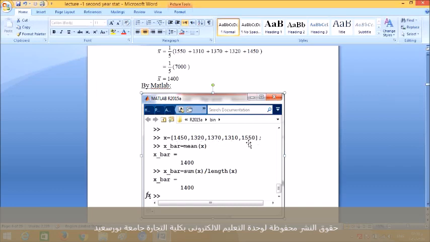Okay, as we said before, then x bar. You cannot write here x and bar above x, so you can use x underscore bar instead.